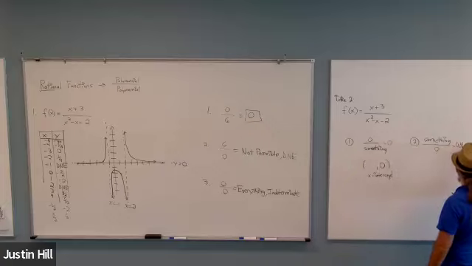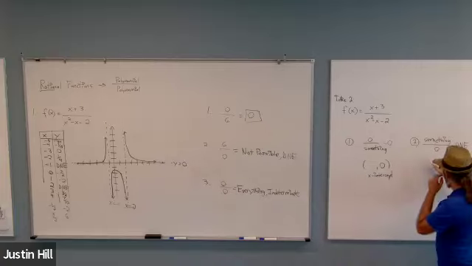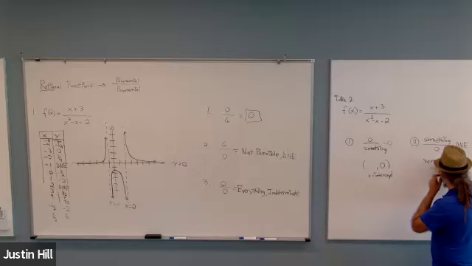Does not exist. And what did that give me on the graph? So if I could identify what makes the bottom of my fraction zero to begin with, then I have vertical asymptotes. And I can know that before I even build the table. This is vertical asymptotes.